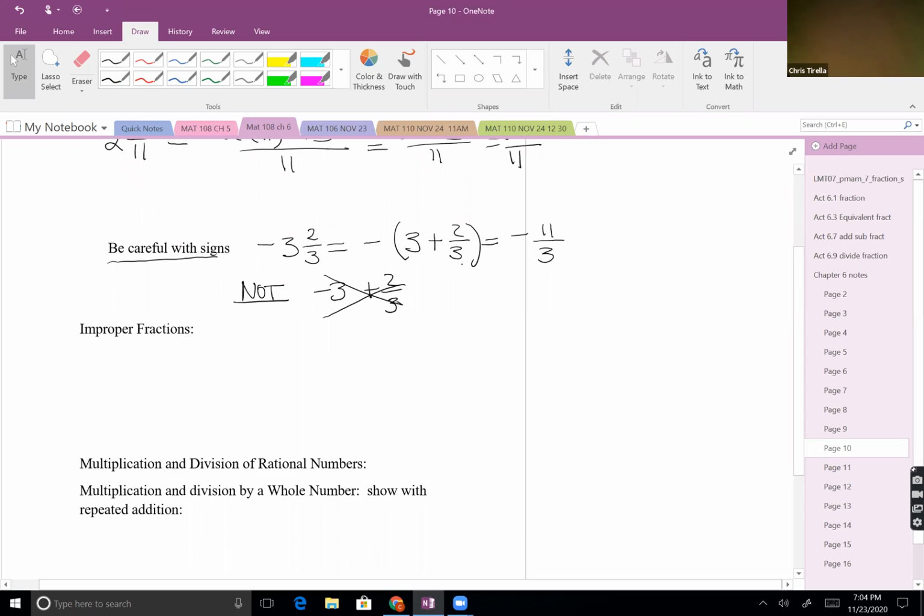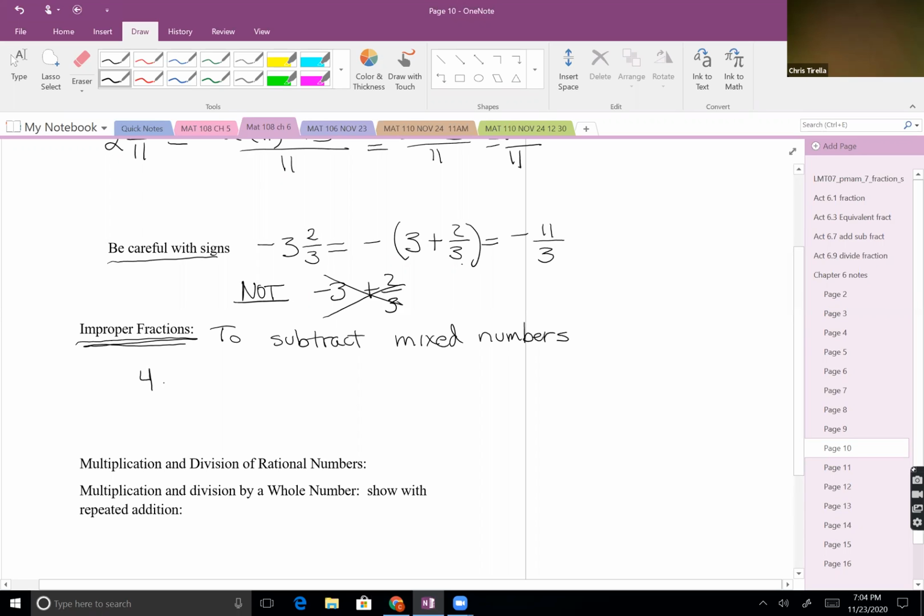And then one place where working with improper fractions becomes important is to subtract mixed numbers. The other option, if you didn't want to work with improper fractions, subtracting mixed numbers, is to do borrowing or exchanging like we did. But most folks find it easier.